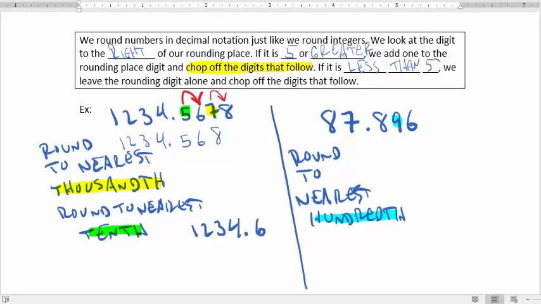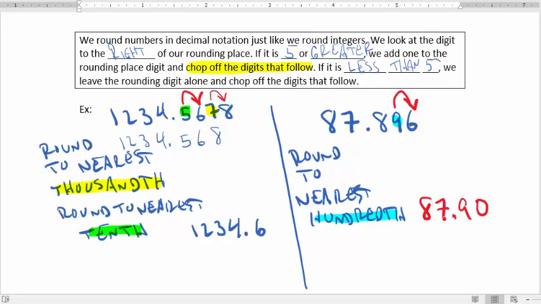So what we would do is we would look to the right of that. We'd look at the 6. 6 is 5 or greater, so it would tell us to make that 9 a 10 basically, right? Or a 0, let's say, and then you'd have to carry over the 1. So when you rounded this, this would actually become 87 point, the 89 basically would become a 90, but I need to write that 0 there to show that I rounded to the nearest hundredth, right? Now, if I had rounded to the nearest tenth, I would say 87.9 without the 0.